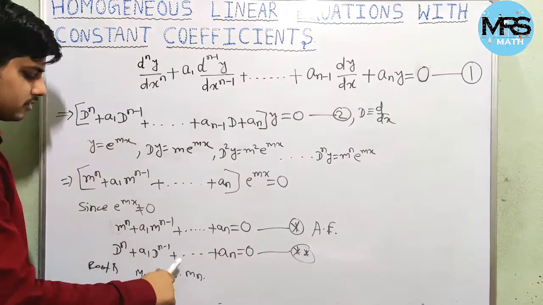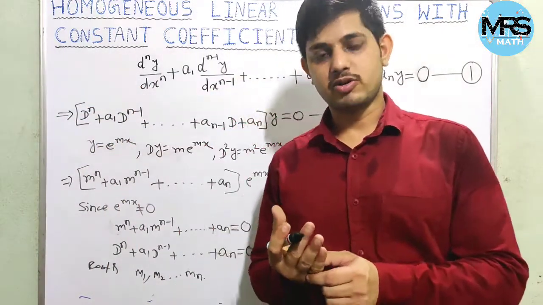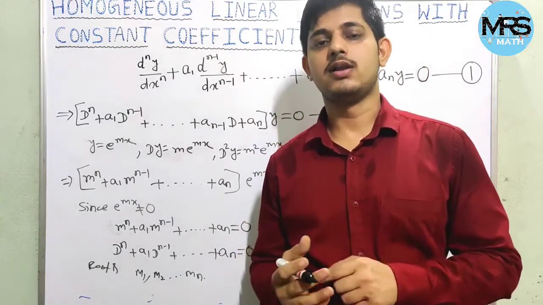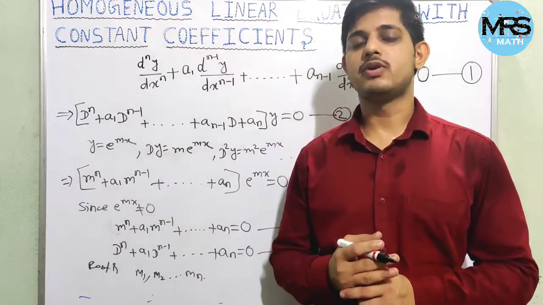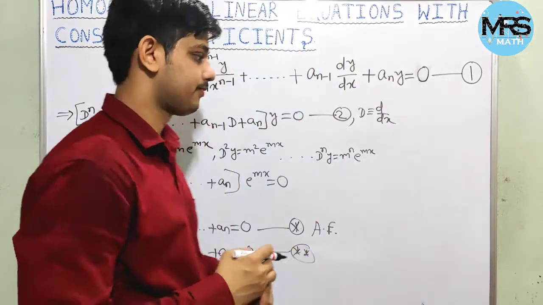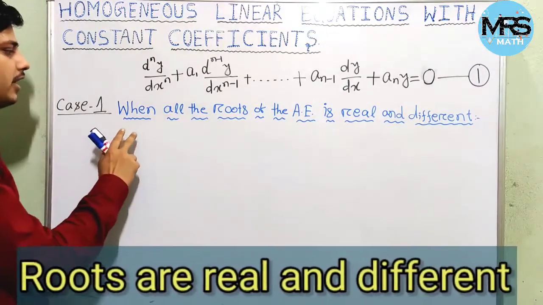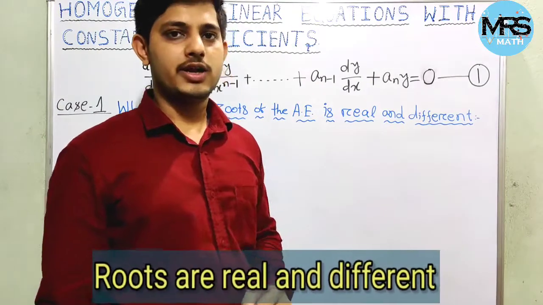Now we will see if the roots are real and different, what will be the general solution. If roots are real and equal, then what will be the general solution, and in case of complex roots, what will be the solution. The first case we will consider is when all the roots of the auxiliary equation are real and different.